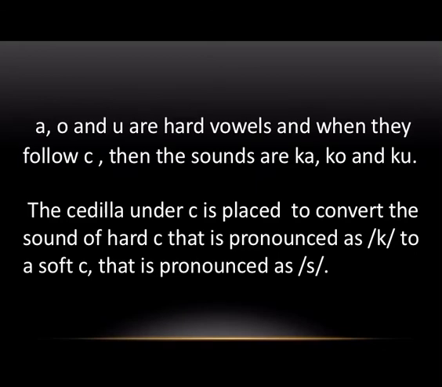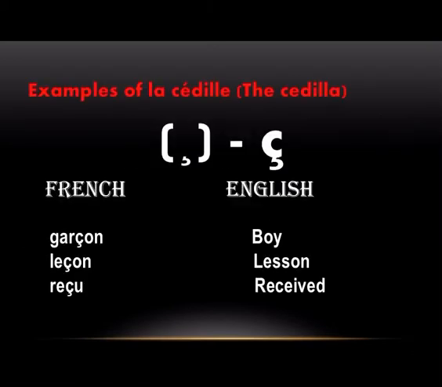A, O, U are hard vowels, and when they follow C, then the sounds would be Ka, Ko, and Ku. The cedilla under C is placed to convert the sound of hard C, that is pronounced as K, into a soft C that is pronounced as S. There are some examples of cedilla: garçon, leçon, reçu.